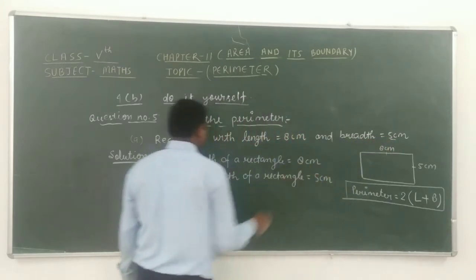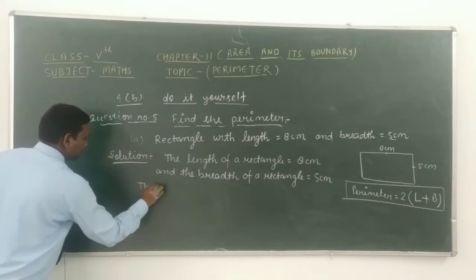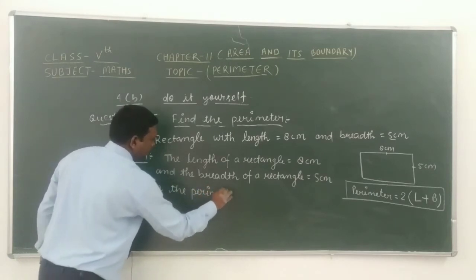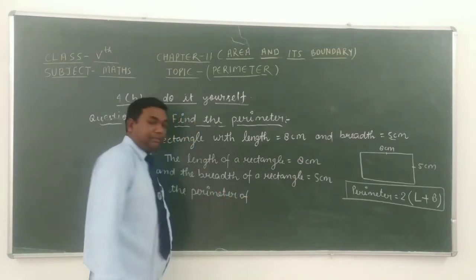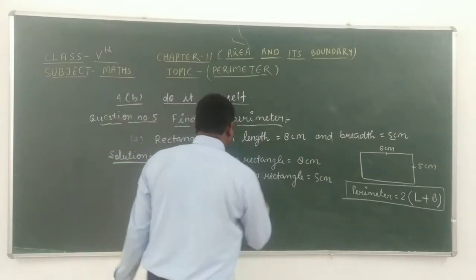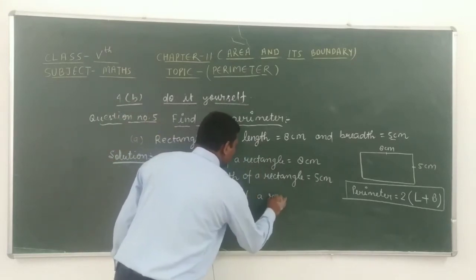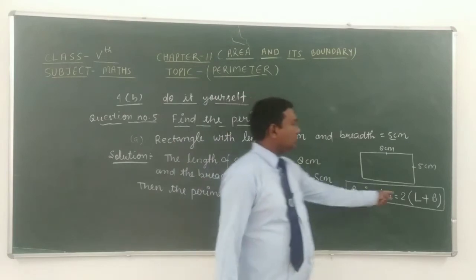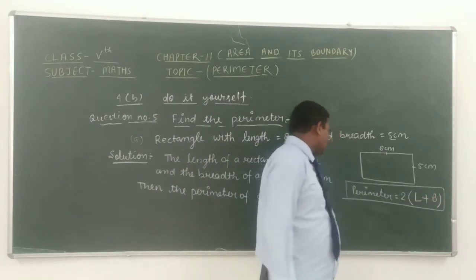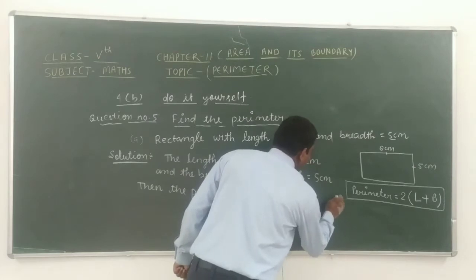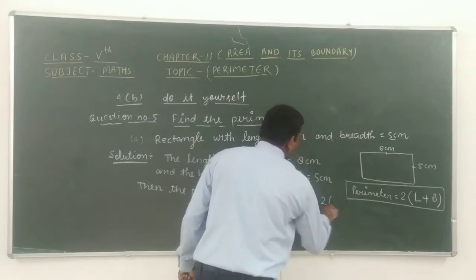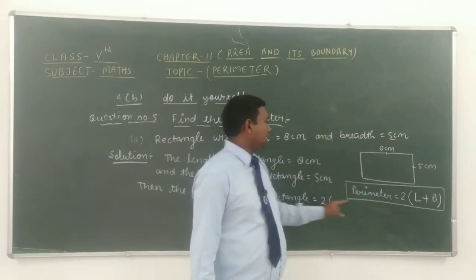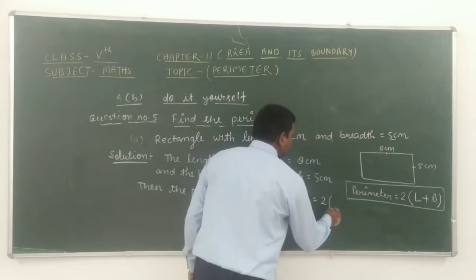Okay dear students, then the perimeter of a rectangle is equal to 2 into length plus breadth. It means that we can write 2 into 8 in place of length plus 5 in place of breadth.